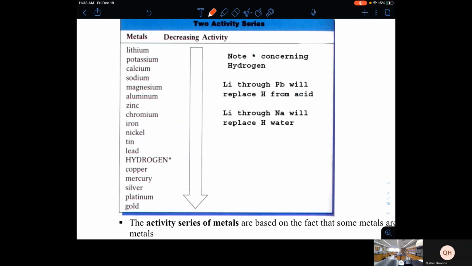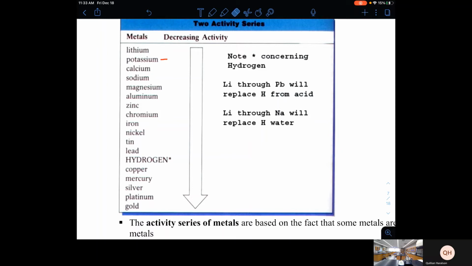So just a little weakling here, which means that lithium is capable of displacing everything underneath of it. If we look at potassium, potassium can displace any metal underneath of it. However, it cannot displace anything above it, so it would not be able to bump off lithium in this case.